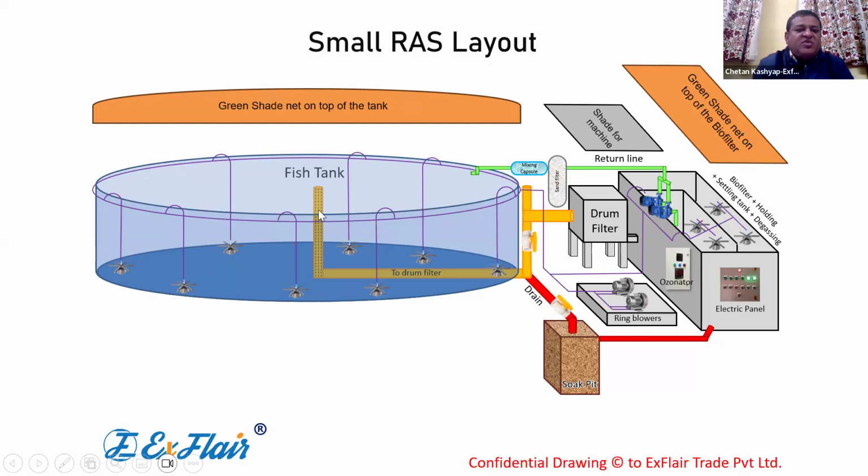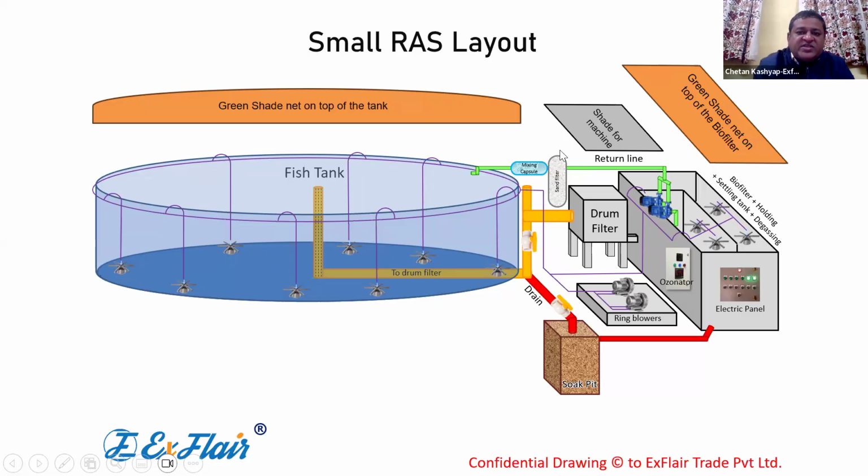Here you have small holes, and the water will enter through these small holes. It will come through this to the drum filter. Here it will get filtered and then go through a series of biofilters, and then from the green pumps that you see, it is a return line. So here the filtered water is coming back.